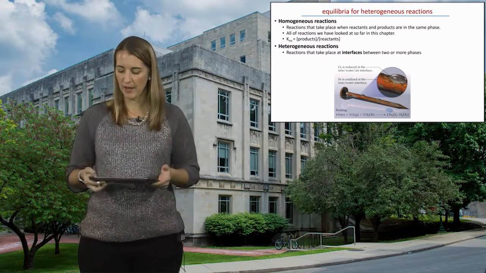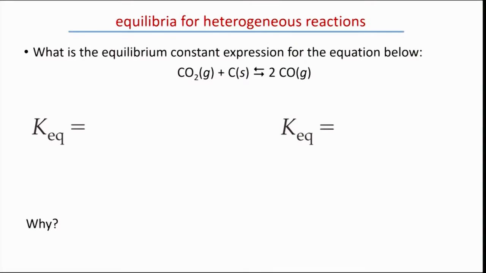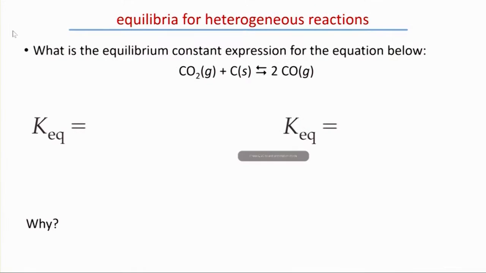What happens for that? If we have this reaction right here, we have carbon dioxide reacting with solid carbon and forming carbon monoxide. Just doing what we've been doing previously, we could write the equilibrium expression as products over reactants.